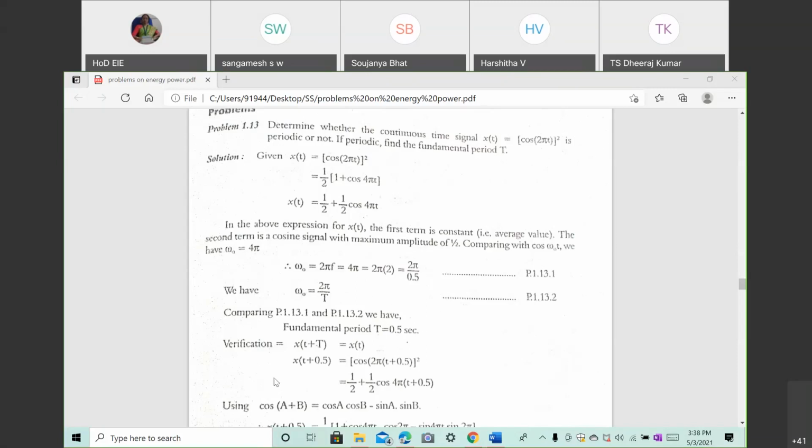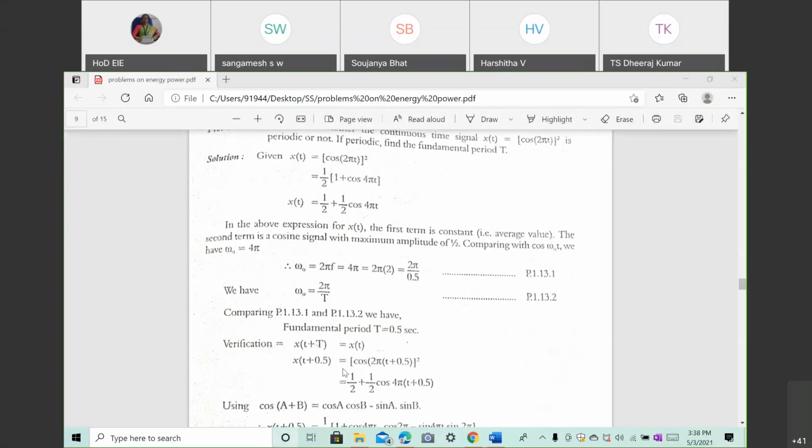And verification: as we mentioned, it is going to repeat at regular intervals of time. As per our periodicity, we have to verify x of t plus T is equal to x of t.